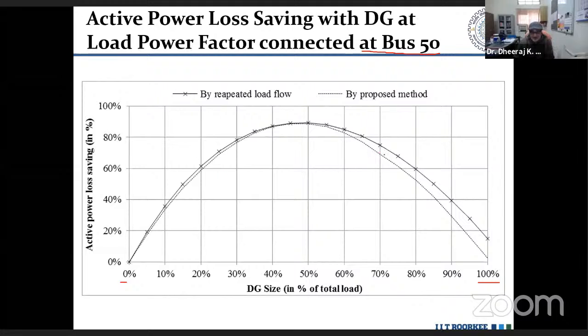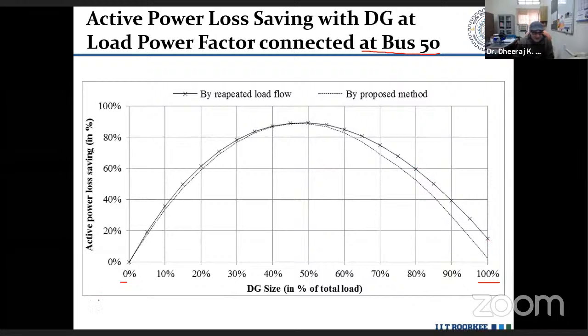This dotted curve is the active power loss saving by the developed expression, and the solid lines show the active power loss saving by performing load flow. We connected a DG and performed the load flow.